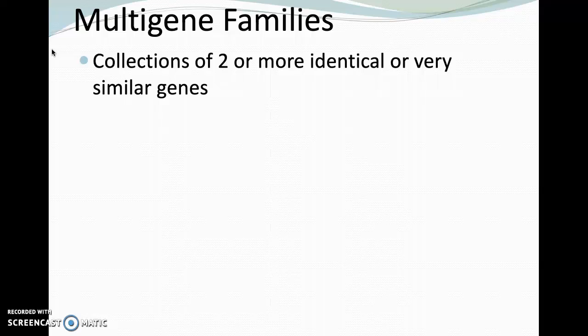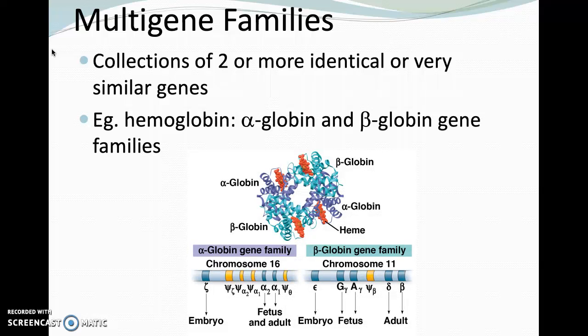We see this multi-gene family in hemoglobin. It's kind of hard to see by this slide, so you might want to Google the structure of hemoglobin. Hemoglobin is a type of protein that has iron in it, and it carries oxygen throughout our bloodstream. So the shape of it is really important.